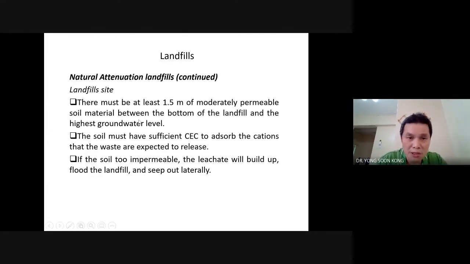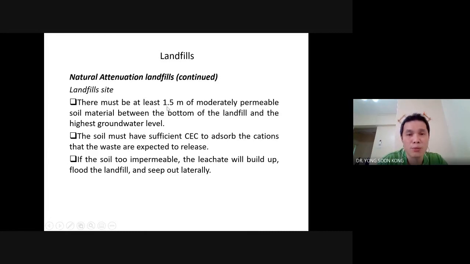So the construction is they have a 1.5 meter clearance. Not the wall thickness. This is a requirement to reduce the risk of groundwater contamination. Usually they have a clearance between the groundwater table and the bottom of that landfill.